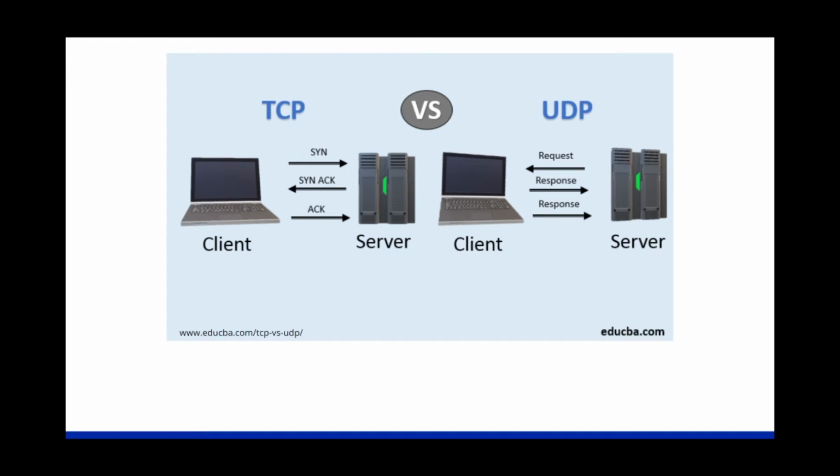The two protocols that we're going to be looking at are TCP and UDP. TCP is a connection-oriented protocol, which means that you have to actually connect to a server before you can send or receive data. And how you connect to a server is using a 3-way handshake. How does that 3-way handshake work? You send a synchronous packet to a server, and then you receive your synchronous packet plus an acknowledgement packet.